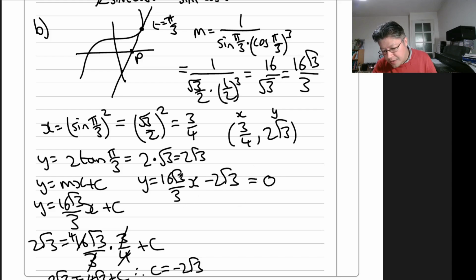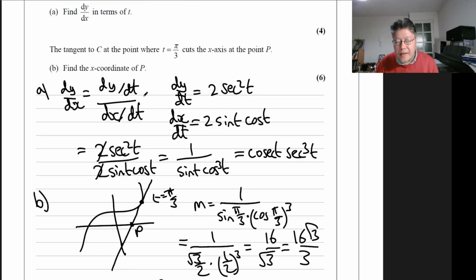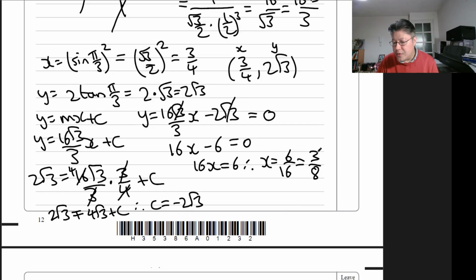Actually, we can cancel the root 3's first. Let me just divide everything by root 3. They disappear. We can also times up the 3. So we get 16x minus 6 equals 0. So therefore 16x equals 6. Therefore x equals 6 over 16, which equals 3 over 8. And that should be, yeah, they wanted the x coordinate, so that's the x coordinate. x equals 3 over 8.